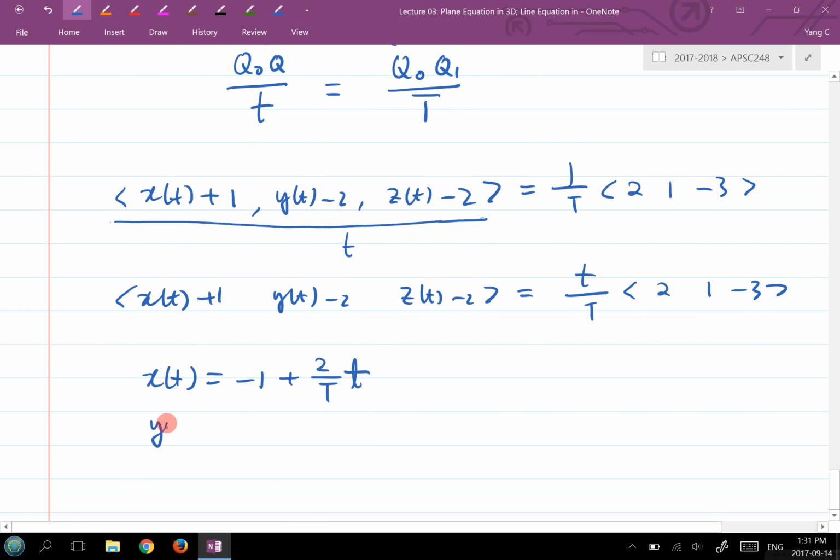And y of t equal to 2 plus 1 over capital T times small t. And z of t equal to 2 minus 3 over capital T times small t. Okay?